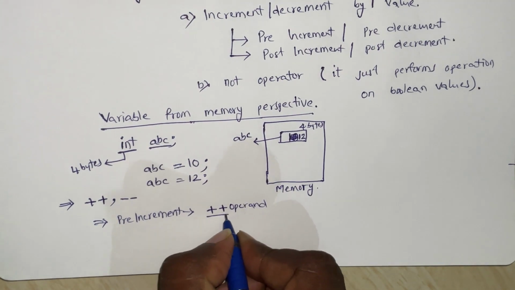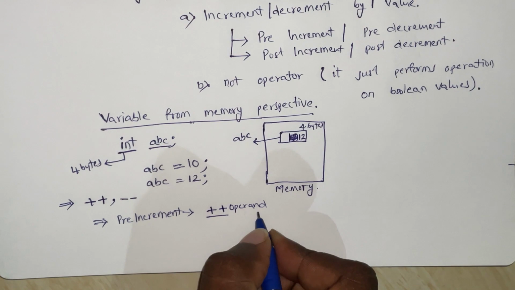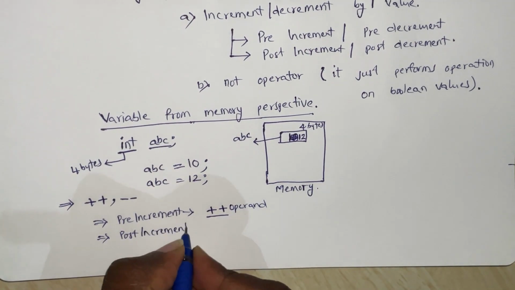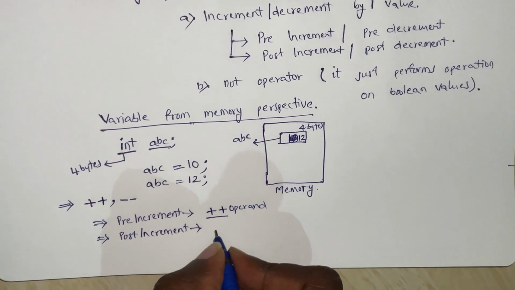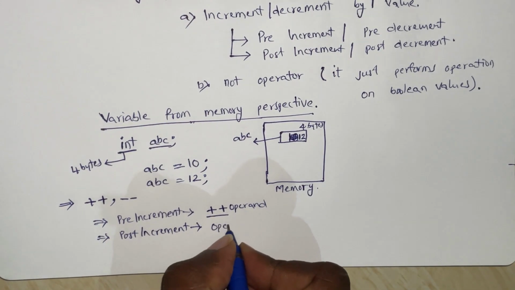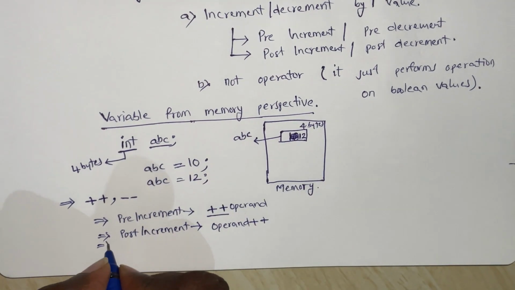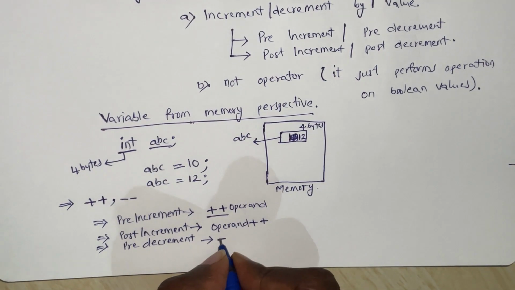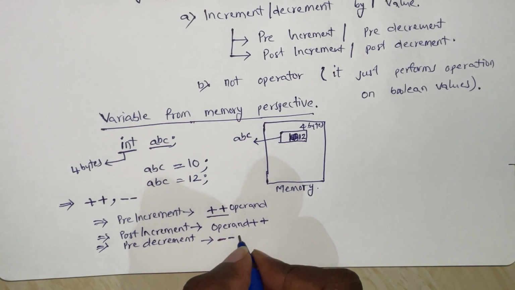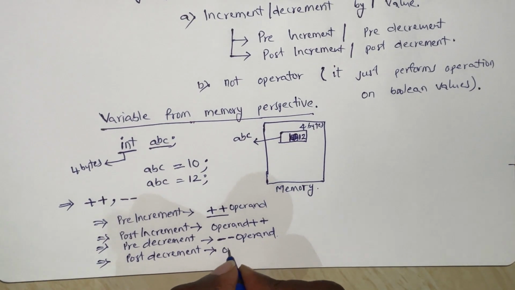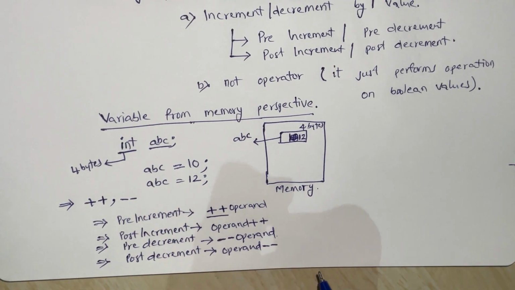That means first increment, then use the operand. In post-increment, the operand comes first and then the plus plus. Similarly, pre-decrement means minus minus comes first and then the operand. Post-decrement means the operand comes first and then the minus minus symbol.